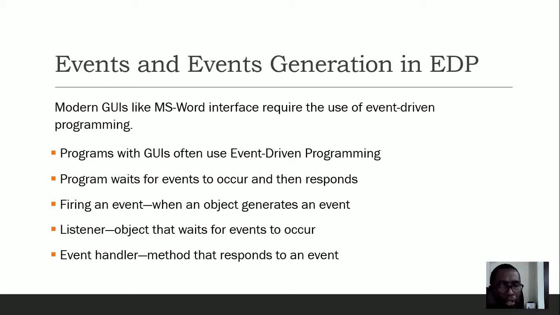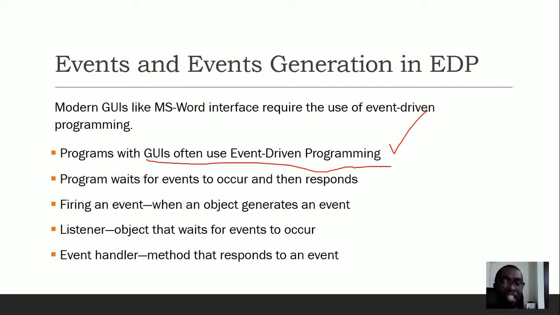So event-driven programming is something that is very important in today's programming world. So programs with GUI often use event-driven programming. So if it's graphical, then just know that there is some event-driven programming that has happened. It can be in other languages like Java or C++ or VB or VB.NET.